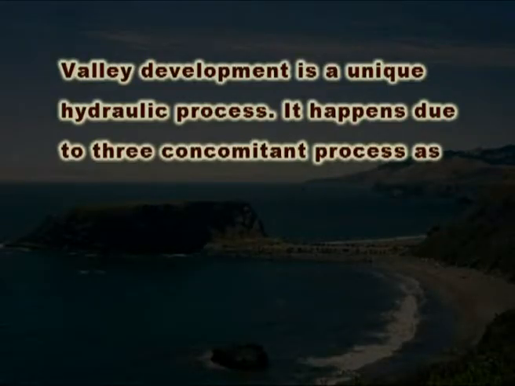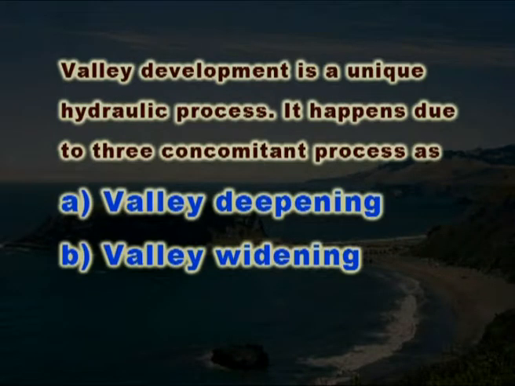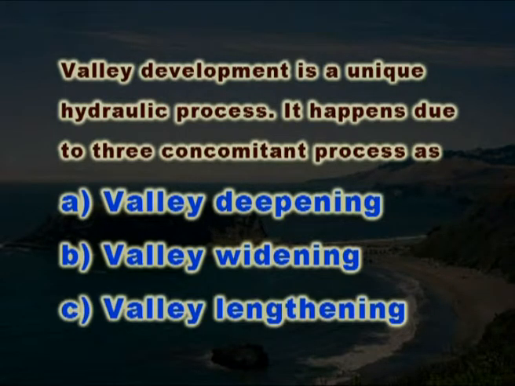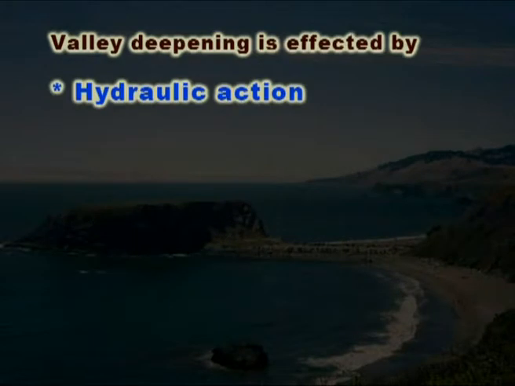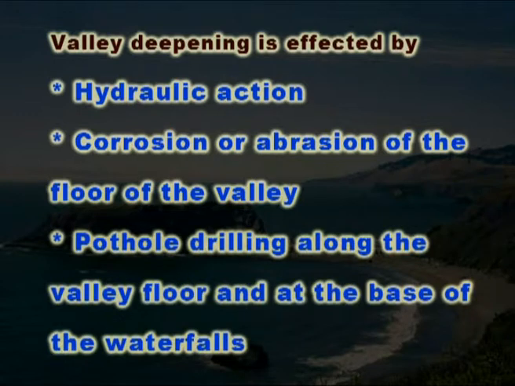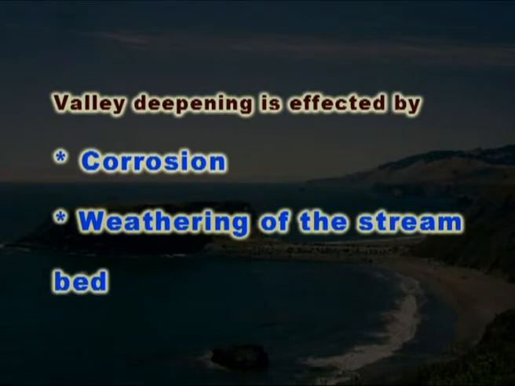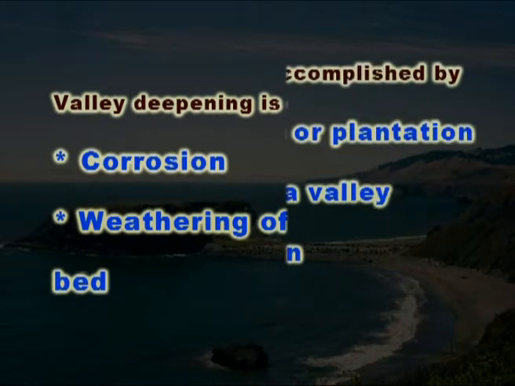Valley development is a unique hydraulic process. It happens due to three concomitant processes: valley deepening, valley widening, and valley lengthening. Valley deepening is affected by hydraulic action, corrosion and abrasion of the floor of the valley, pothole drilling along the valley floor and at the base of the waterfalls, and corrosion and weathering of the stream bed.